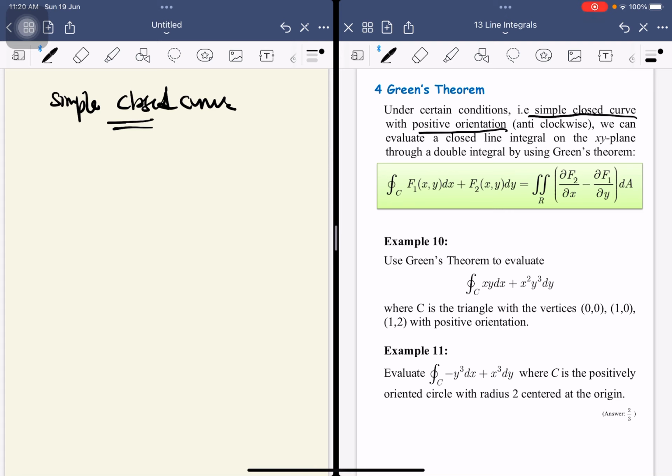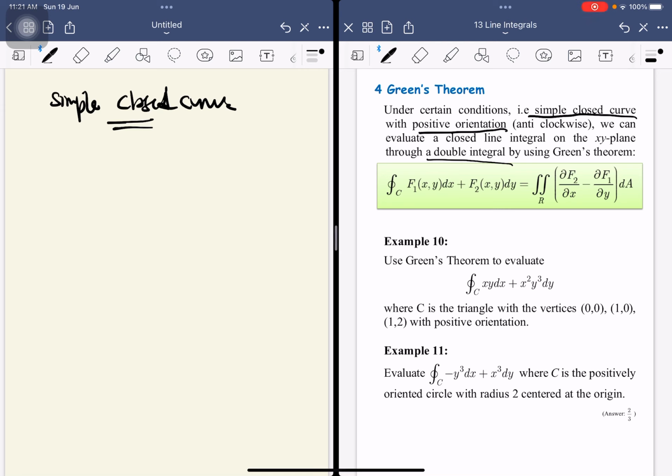If we have this condition, we can evaluate that closed line integral on the xy plane using double integral like what we have learned previously. So you no longer need to solve the line integral using the method that we learned in this chapter, but you can use double integral. So you must recap whatever you have learned on double integral.